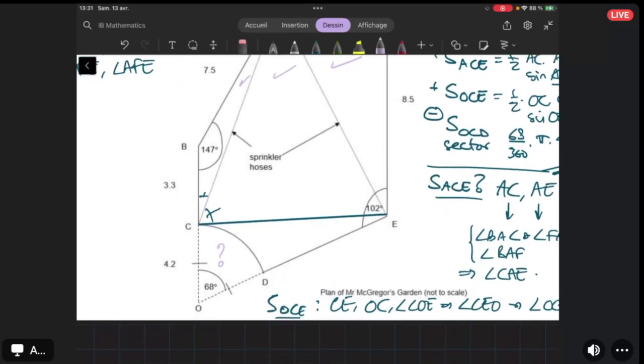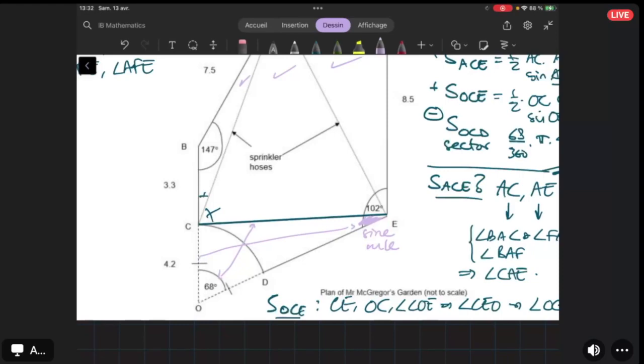You know CE, and you know the angle opposite it. You also know the length of OC. That allows you to use the sine rule to calculate this guy. You know the sum of the angles in a triangle is 180.